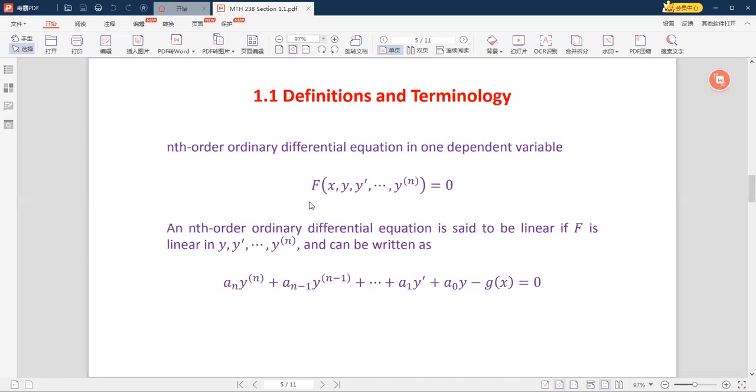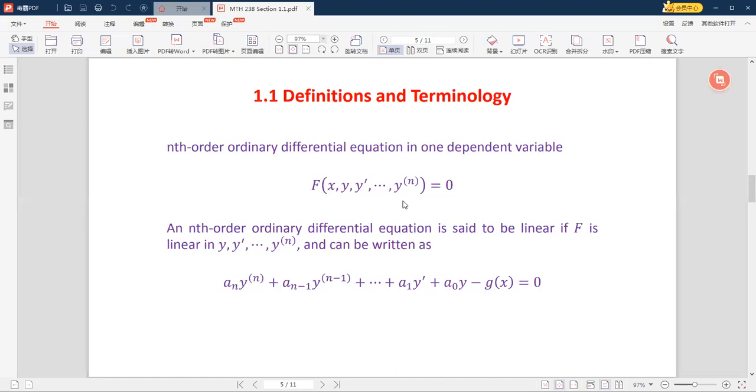A nth order ordinary differential equation is said to be linear if the function big F on the left is linear in y prime up to y to the nth derivative.